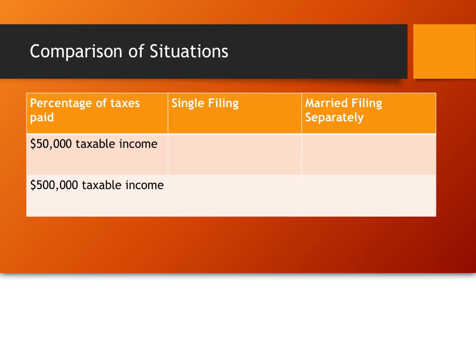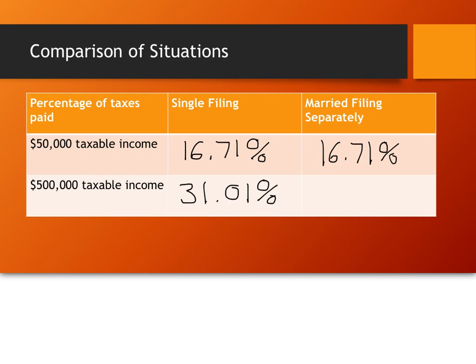And also the percentage that we paid, we can take a look at that. And when we do look at that, we see that as far as percentages go, again, it doesn't matter if we're single or married filing separately. At $50,000, we have 16.71% in both places. And it did matter if you filed single, you had a 31.01% federal tax burden.